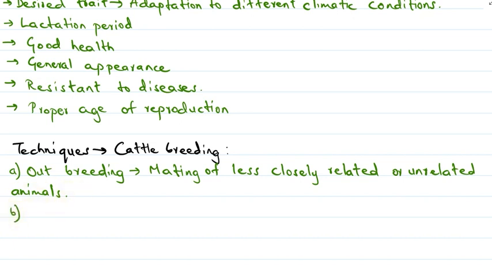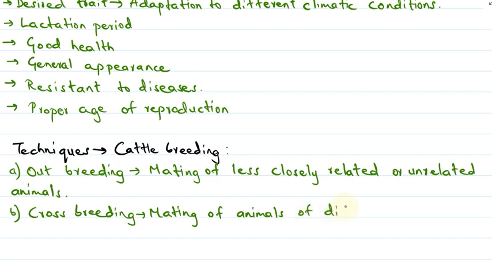Then the next technique is crossbreeding. Crossbreeding is the mating of animals of different breeds.